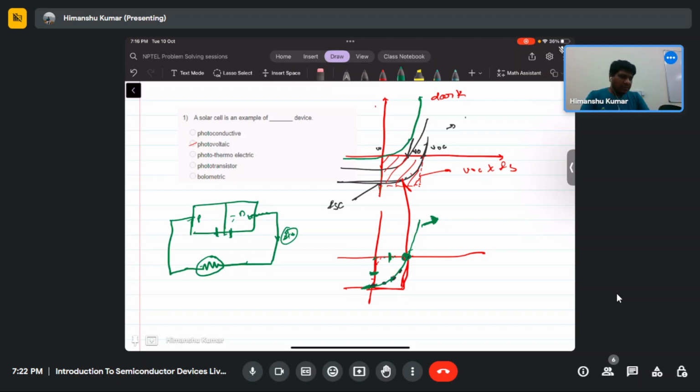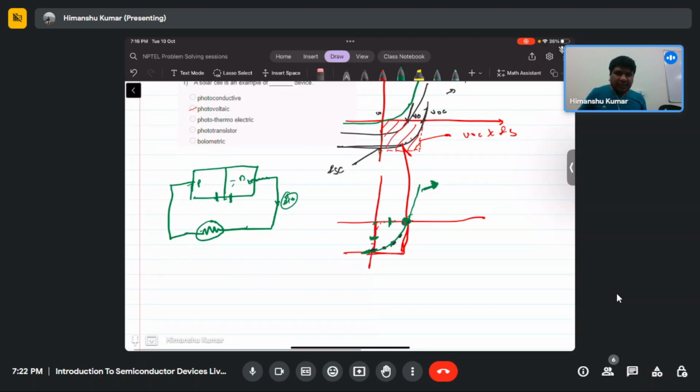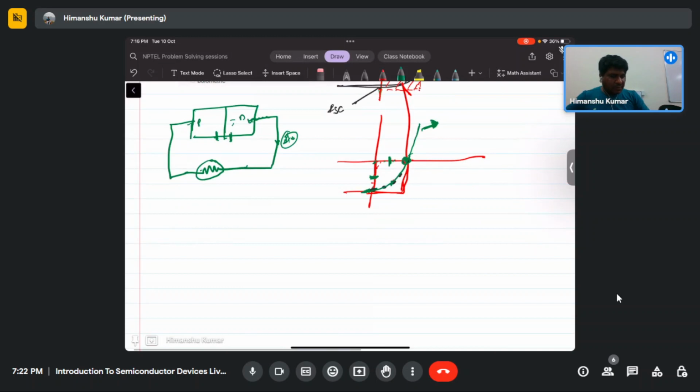Yes, sir. Right. So it's kind of a similar thing. There also the internal characteristics are decided by the device. Suppose you are operating a common emitter amplifier, so the characteristics look like this.